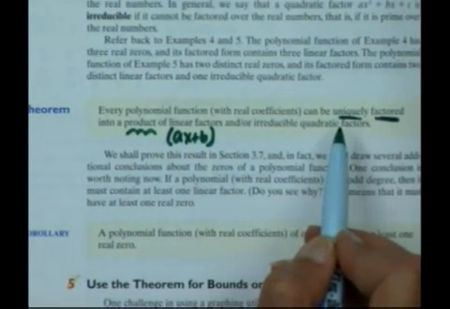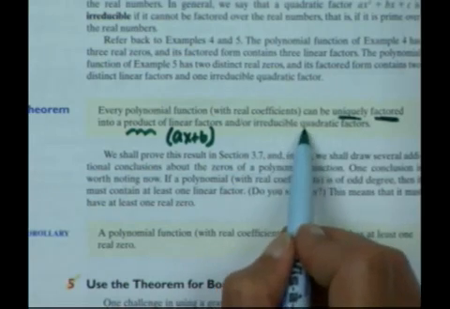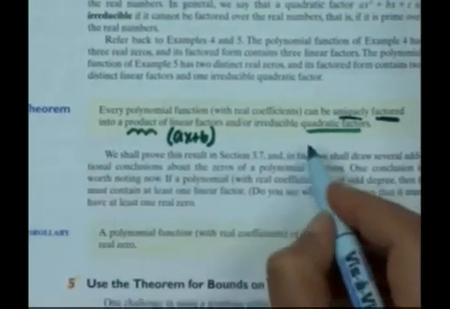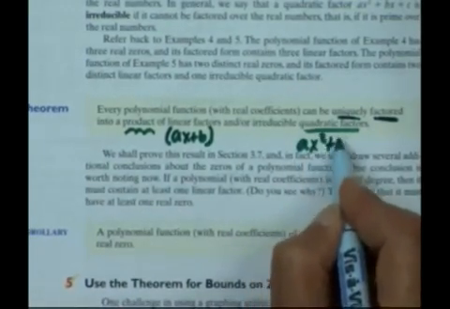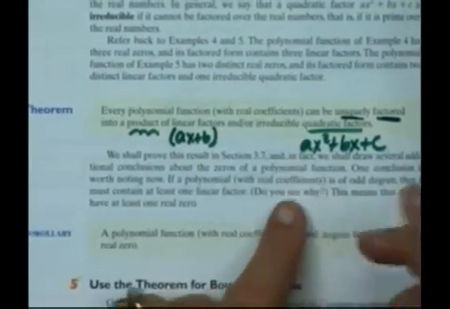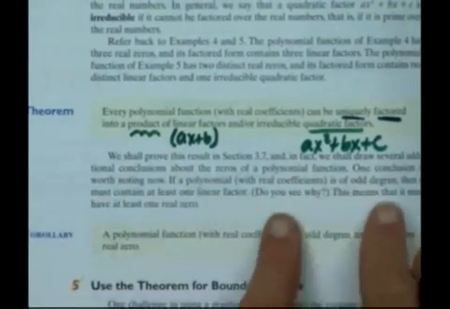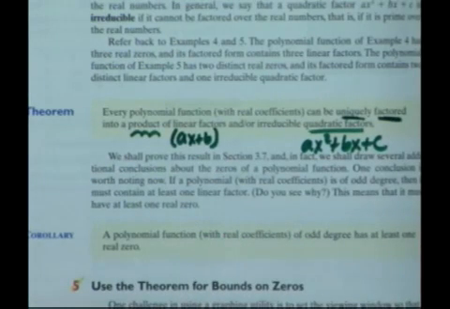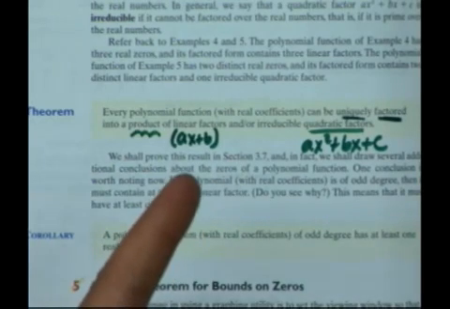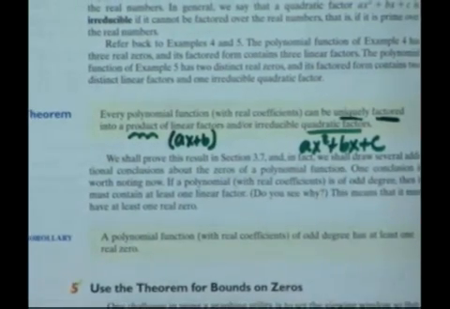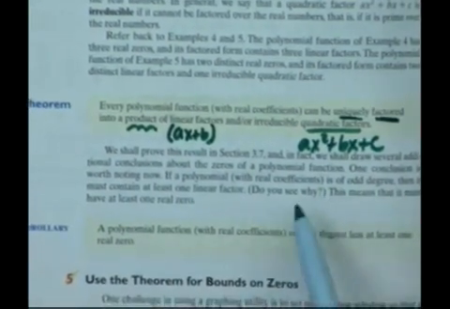We know what a quadratic factor looks like: ax squared plus bx plus c. But irreducible means that you cannot break it down into linear factors with real numbers. So you can't break it down any further with real numbers. All right, irreducible quadratic.